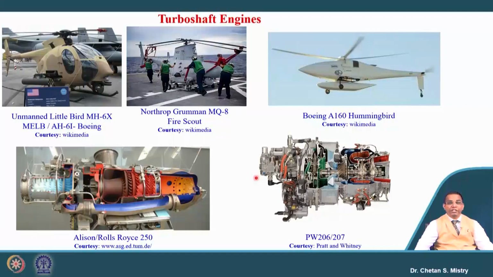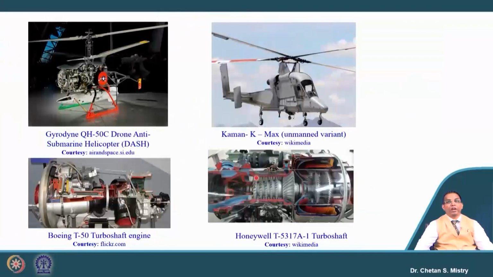There are many specialized companies having expertise in turboshaft engines. Here, these are special kinds of engines being used for a specific purpose. Now, here is an interesting part, it is a DAS, that is being used for an anti-submarine helicopter, and here we have the T50 turboshaft engine.